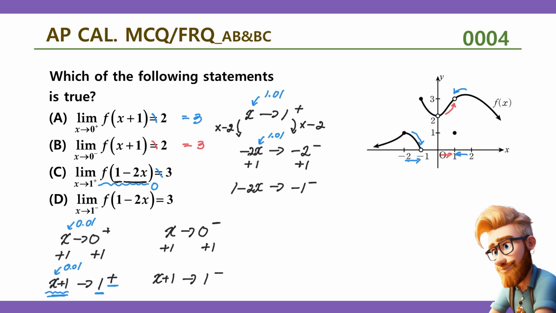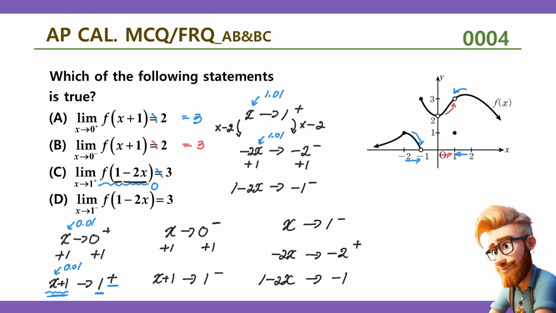This time, we have x approaches 1 from left-hand side. What about 1 minus 2x? So as x approaches 1 from left-hand side, what about negative 2x? Multiply each side by negative 2. So that approaches negative 2, direction changes, right? And 1 minus 2x approaches plus 1 minus 1.